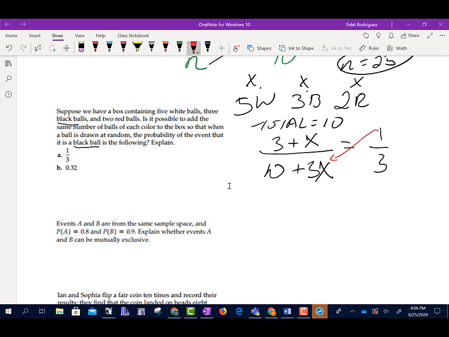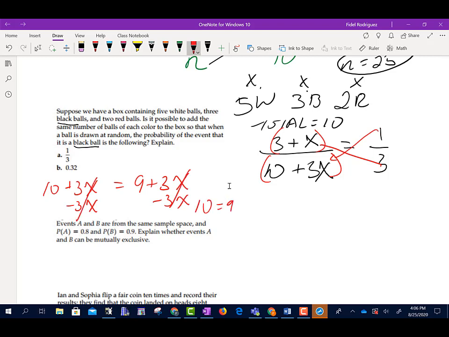So 1 times all of this would just be 10 plus 3x. 3 times all of this would be 9 plus 3x. But I want you to notice what happens when I subtract 3x on each side. I get 10 equals 9. No solution. Can't do that one.